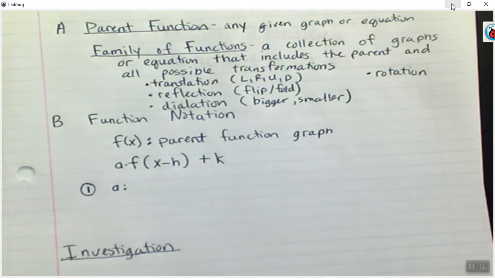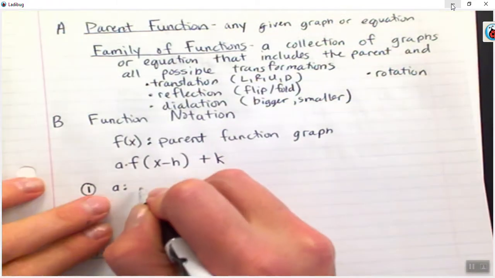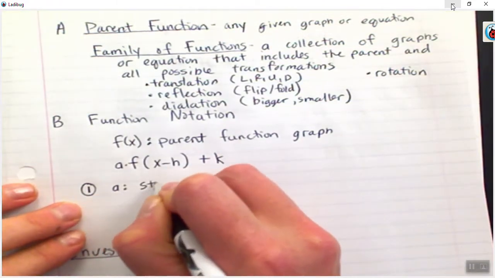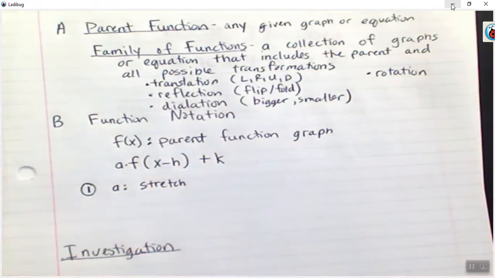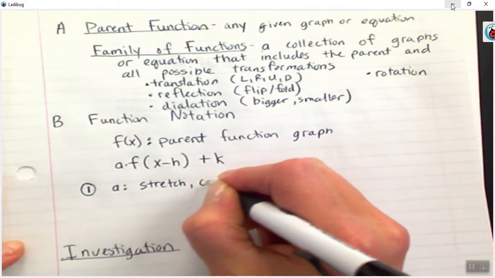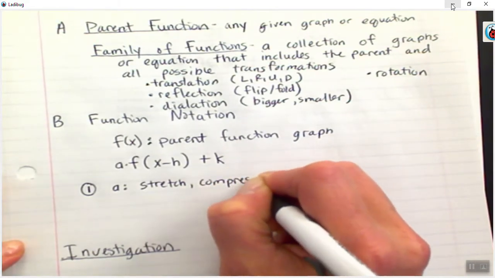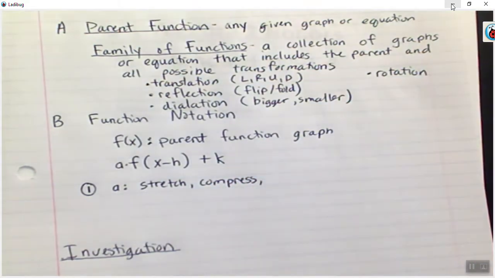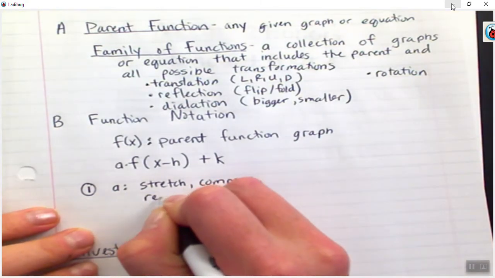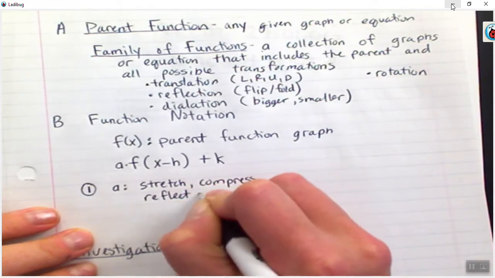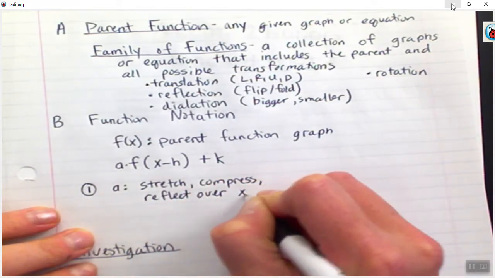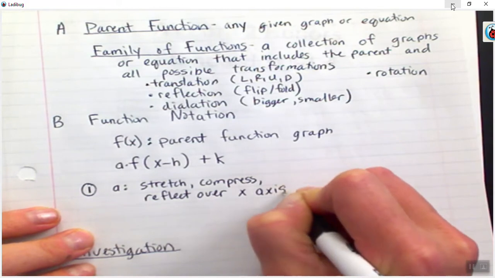I'm going to change it to more function words as opposed to geometry words, even though they mean the same thing. So this is going to be stretch for being bigger, compress for being smaller, or reflect. But I'm going to be specific: reflect over x-axis.